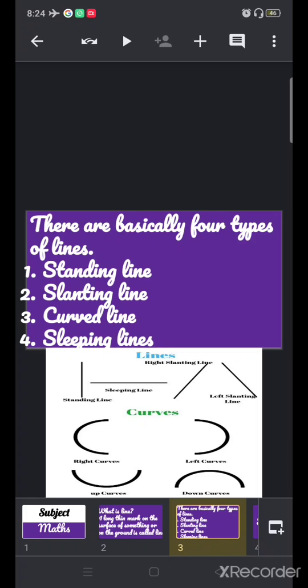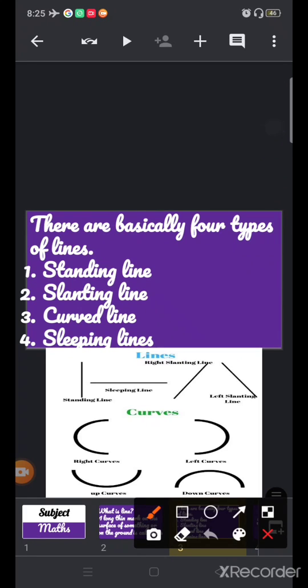First is standing line, slanting line, curved line, and the fourth one is sleeping line. First is standing line, second is slanting line, third is curved line, and fourth is sleeping line.